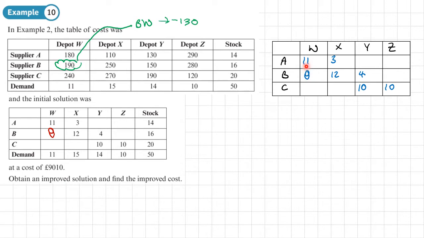And the next step is to rebalance the cells so that the totals remain the same as they were before. So for example, if I put theta here and I want to keep the total as 11, I need to put 11 minus theta here. Now what you'll see is basically if I start at this cell, I need to move across to this cell, and then across to this one, down to this one.